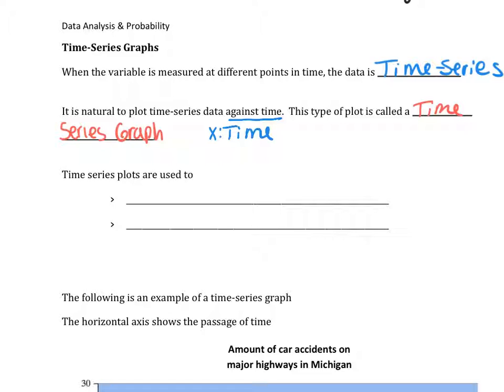Whatever units it is, sometimes it's months, sometimes years, sometimes hours, minutes, whatever your time intervals are. And then your y would just be whatever your data value is that matches up with the time. So time series plots are used to see trends over time.